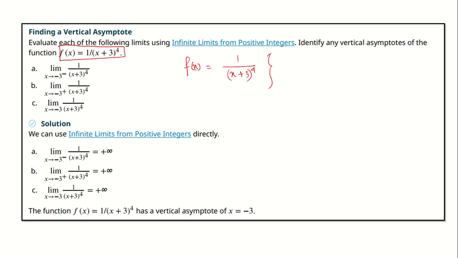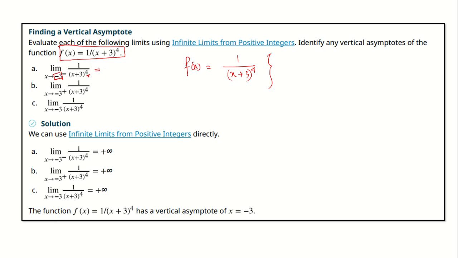So now here f of x equals 1 over (x plus 3) to the power 4. So 4 is a positive even integer, right? If the limit approaches negative 3 from the left, what will be the value here?